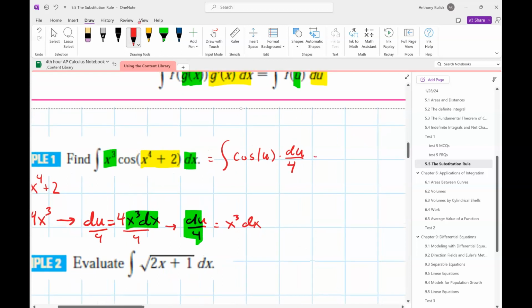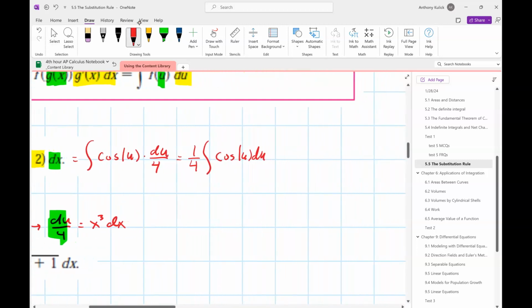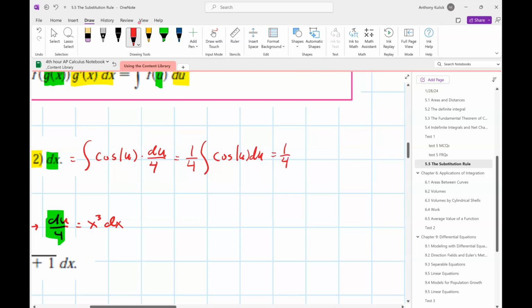Is this okay? Now the du over 4 is no big deal because I can just take that 1/4 as a constant out front. And I'm really just doing the integral of cosine u du. What's the antiderivative of cosine? Positive sine, thank you. And then we've got to have plus c though, right?